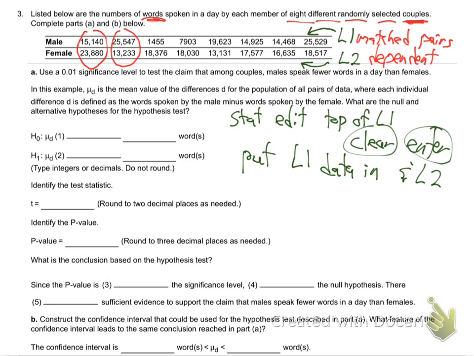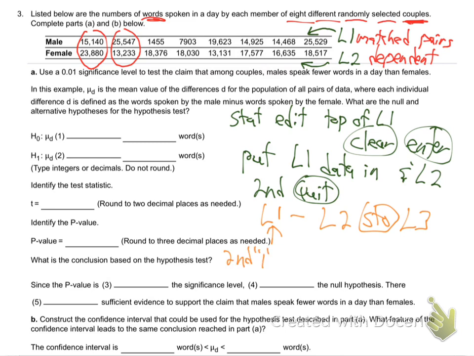So put in your L1, L2 data, and then hit Second, Quit, get out of that menu, and then hit L1 minus L2 stored in L3. L1, you do that by second 1, and L2, second 2, L3, second 3. So L1 minus L2, store the differences in L3. L3 will hold the differences, L1 minus L2.